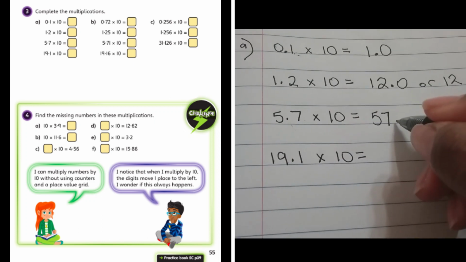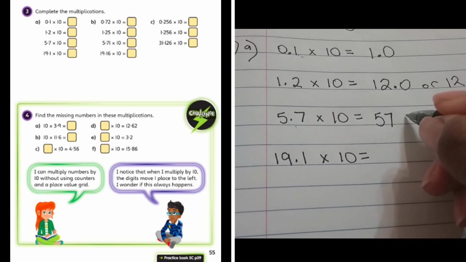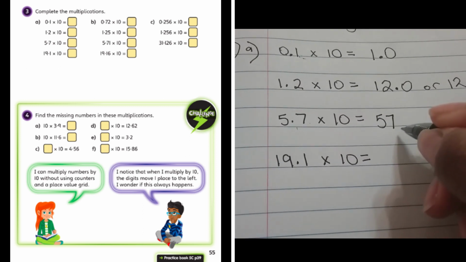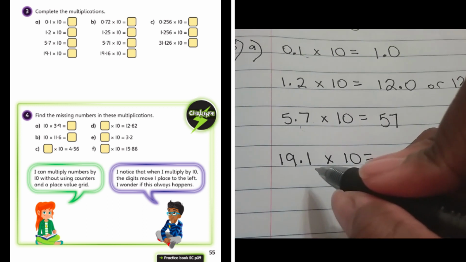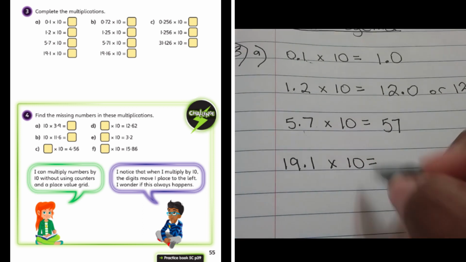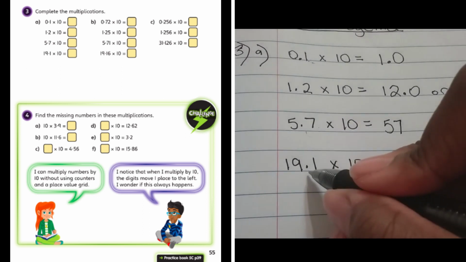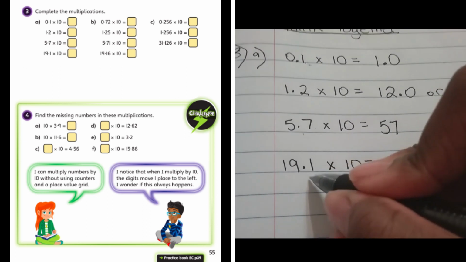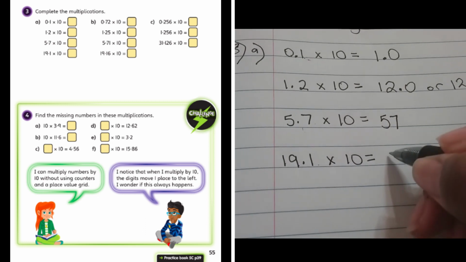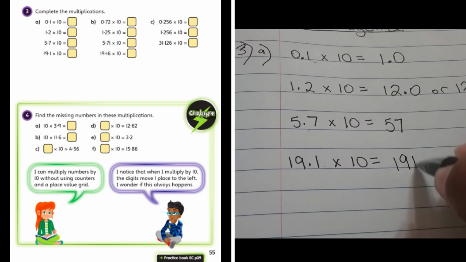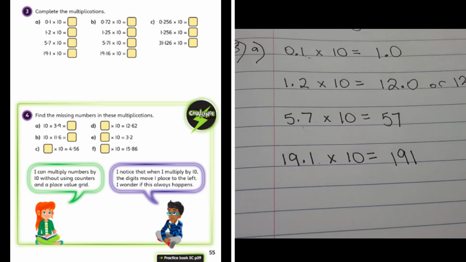Now the decimal point would be here, so it could be 57.0, which is the same thing as just 57. So I'm going to leave my answer like that. And finally for the A part, 19.1 times 10. Again, the numbers are going to move that way, so it's going to look like the decimal point moved this way. So it's going to appear there instead. So I'm going to end up with 191 point nothing, or just 191.